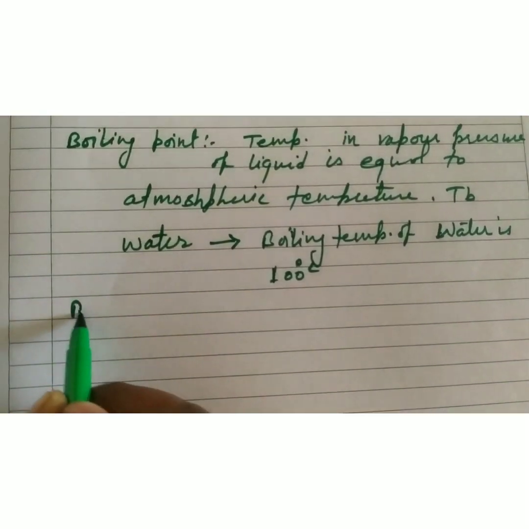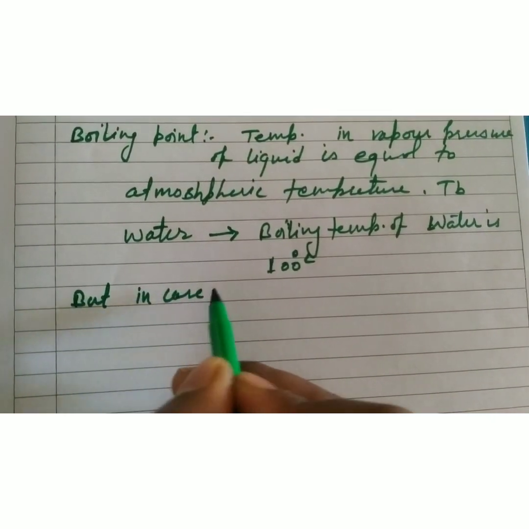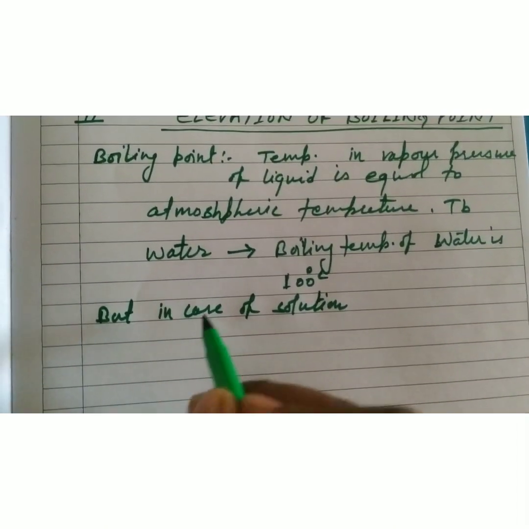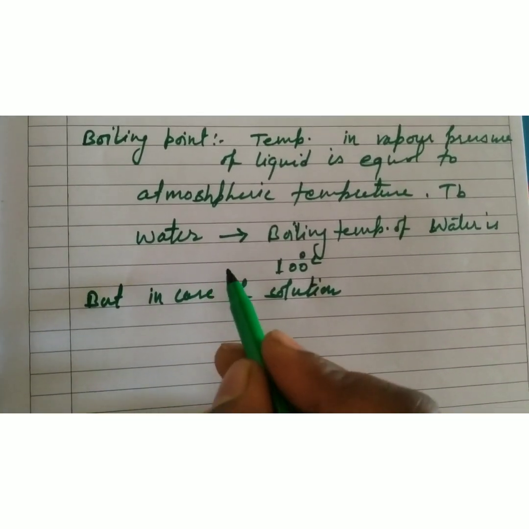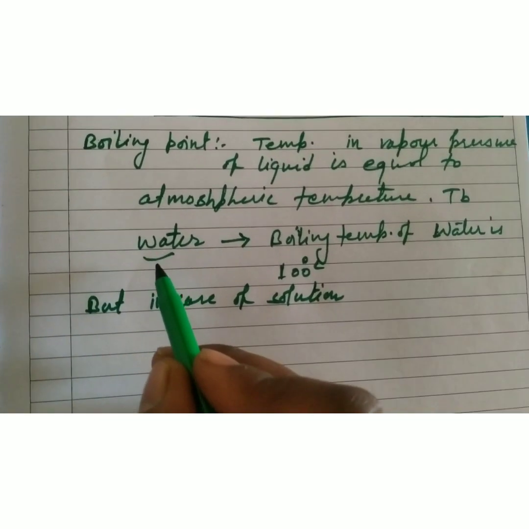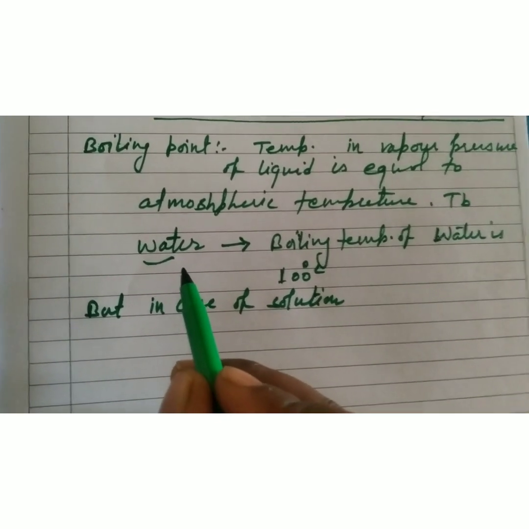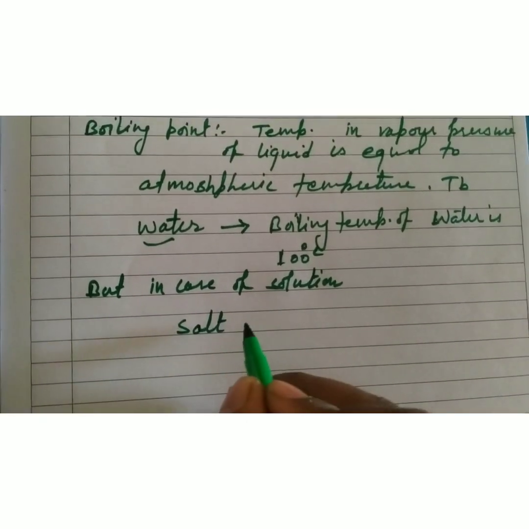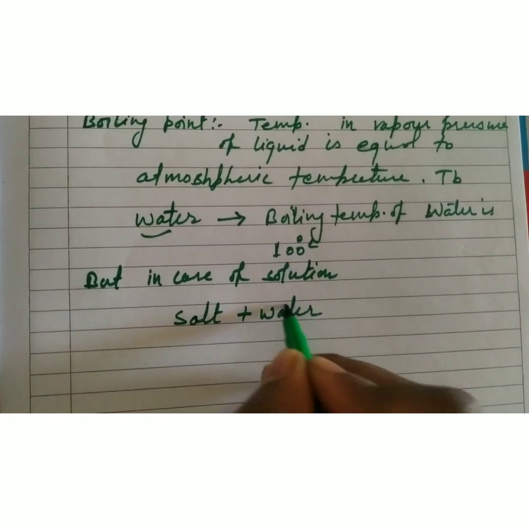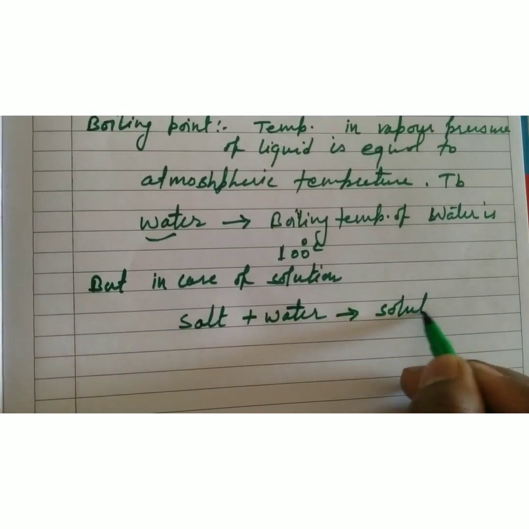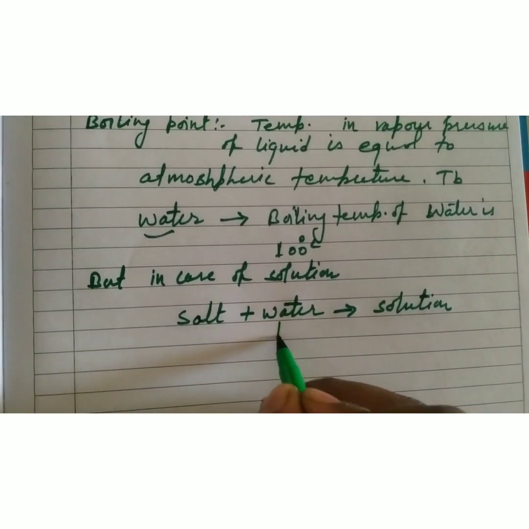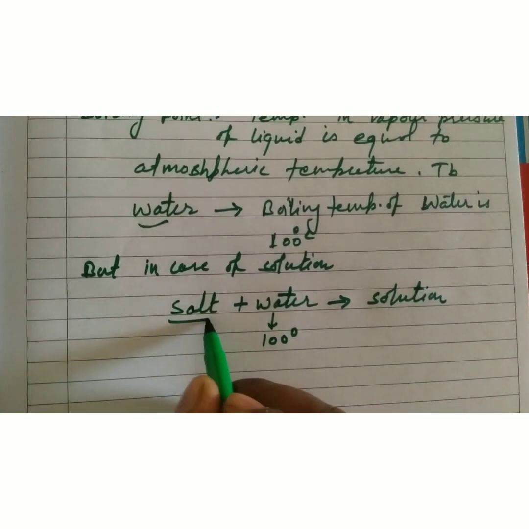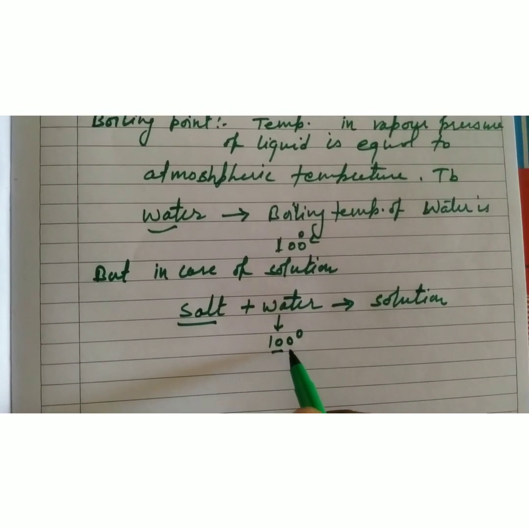But in case of solution, or you can say in case of impurity, when we form a solution, water is pure, and by mixing the solute the water will be impure because of some amount of solute. So solute is salt. By mixing salt plus water, it will form a solution, and we know the boiling temperature of water is 100 degrees. Clear? So after mixing the salt, the boiling temperature will increase slightly.